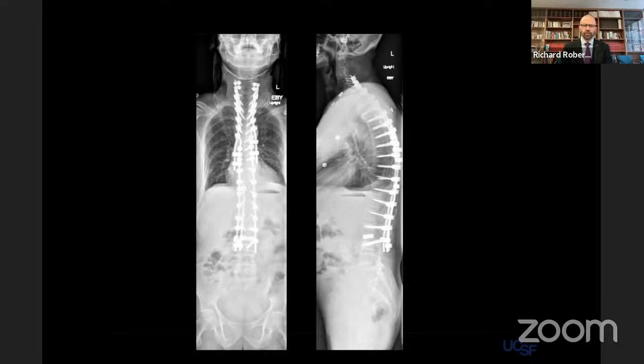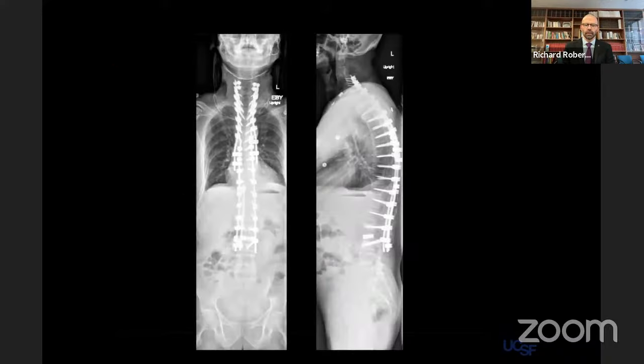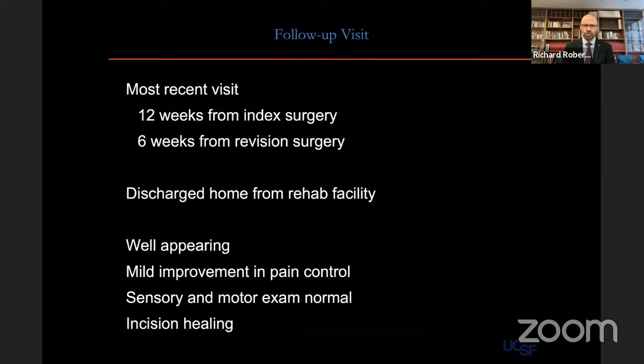Through that, the final correction of his kyphosis was 41 degrees from 87, which we were happy with. You can appreciate the interbody at L2-3 and see that our construct went up to C5. His most recent follow-up clinic visit was 12 weeks from his index surgery and 6 weeks from his revision surgery.